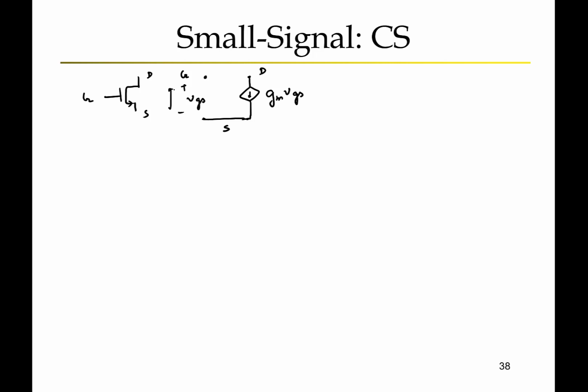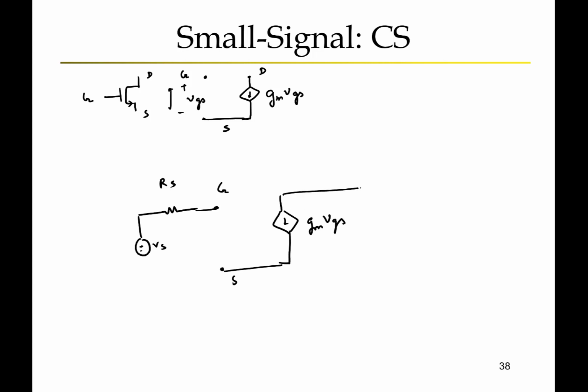So if we now substitute that into the common source amplifier circuit, then we have Vs going into the gate, source, Gm VGS, goes to ground.